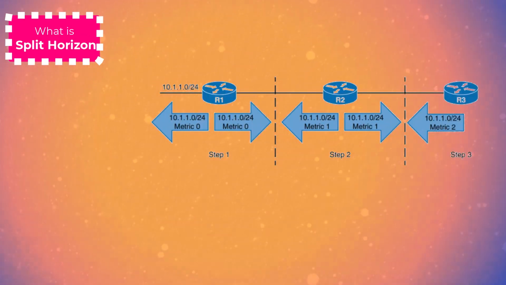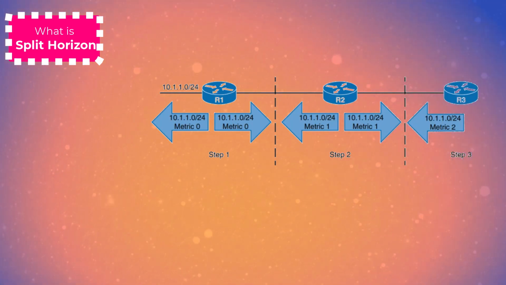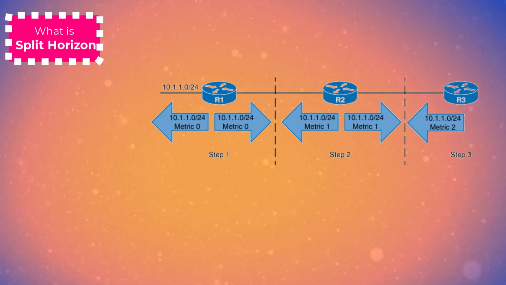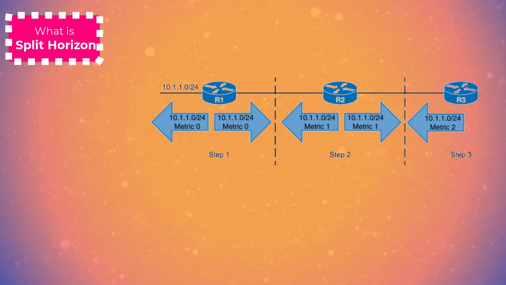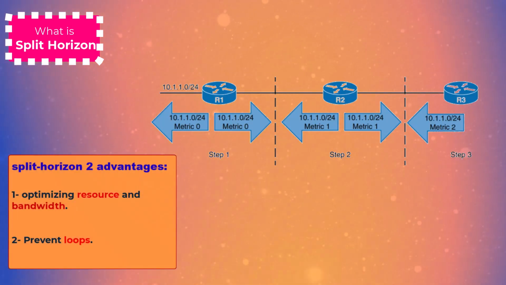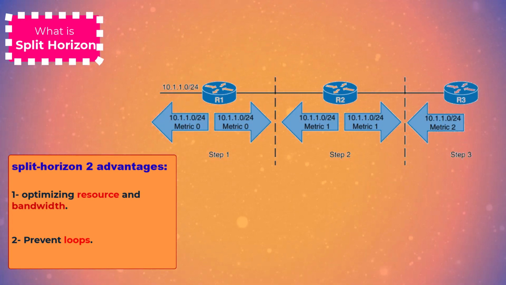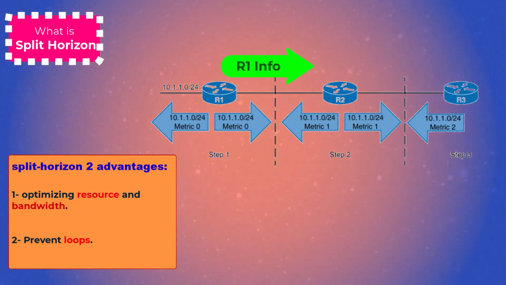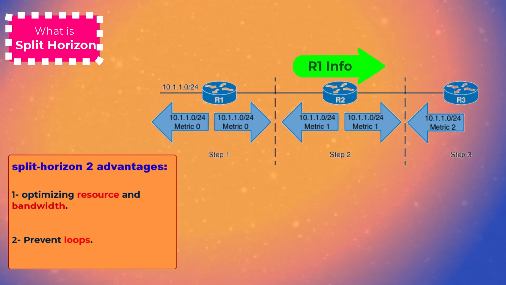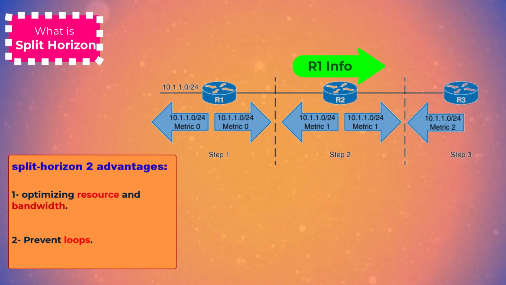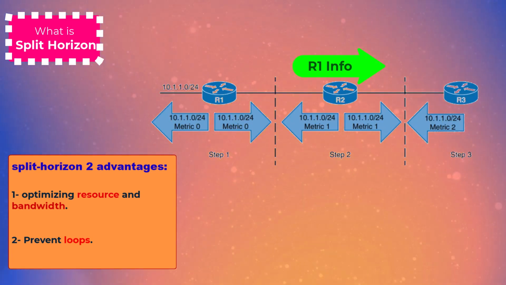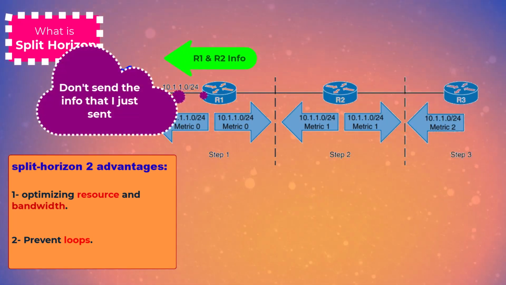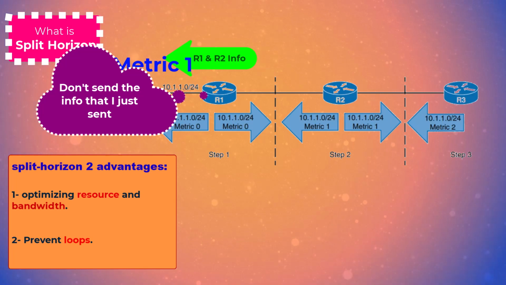Now let's break down what split horizon is. Split horizon is an intelligent mechanism in EIGRP that is beneficial in two main situations. Situation number one: when a router, for example router 1, sends its network information to router 2 with a metric of 0, router 2 learns that information and then sends the same routes back to router 1 with a metric of 1.